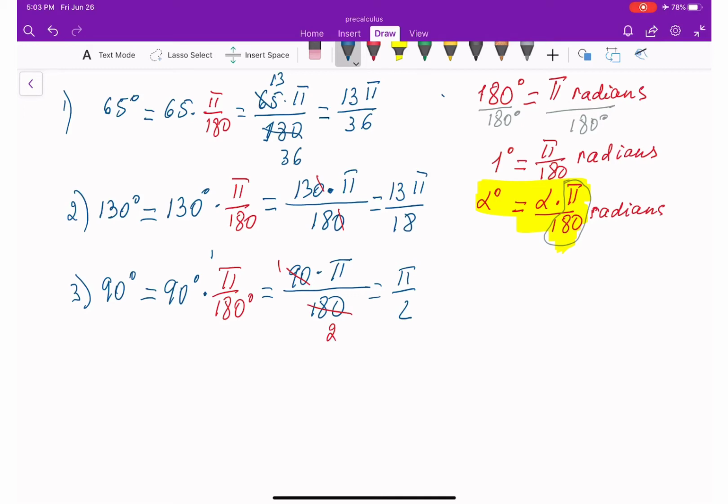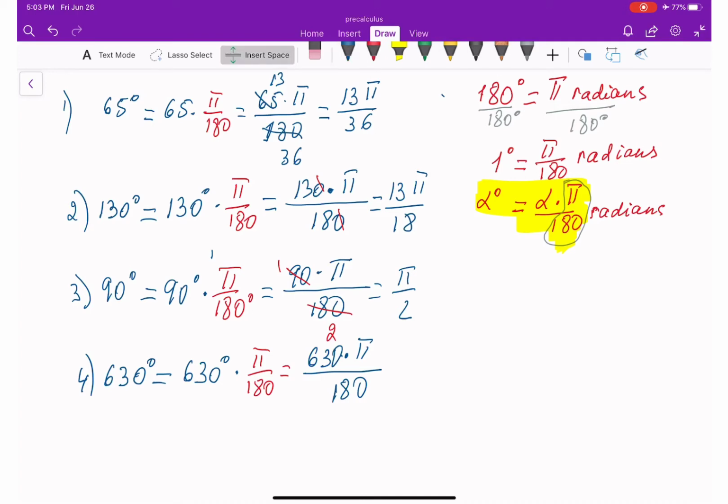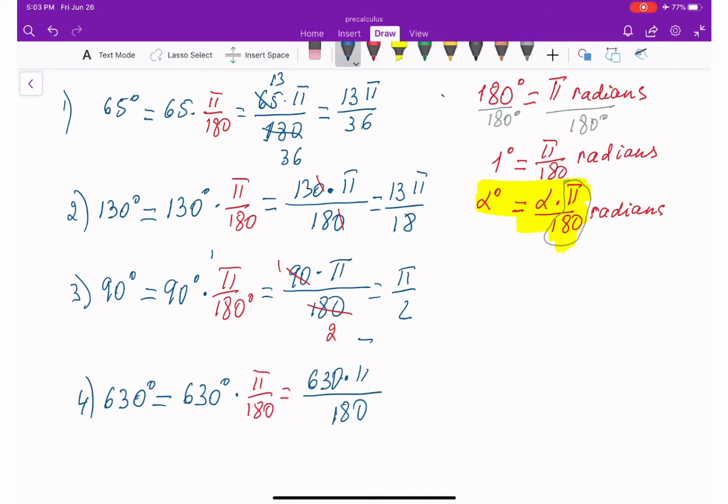One more. 630 degrees is equal to 630 times pi over 180. What are we going to get?